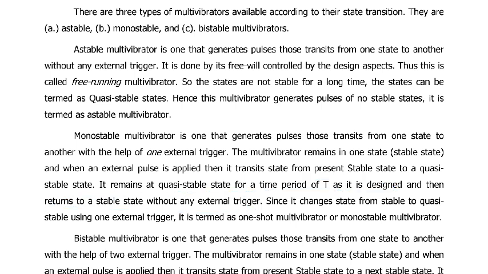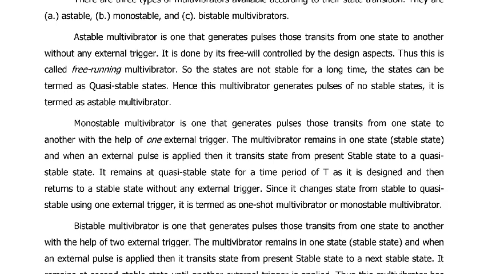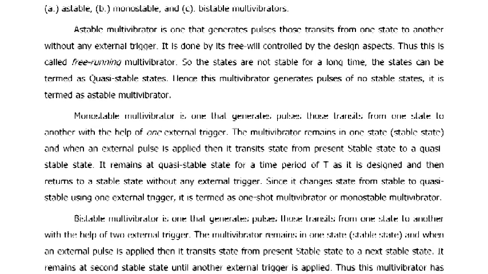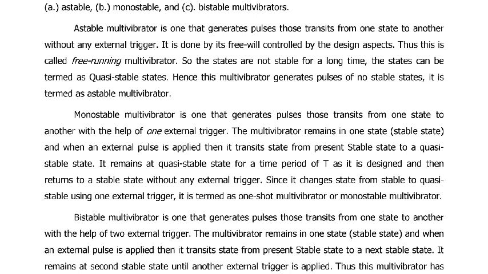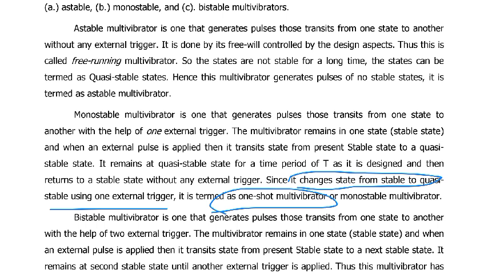Once it goes to the quasi state, it stays for the designed time t, then comes back to the stable state. Since it changes from stable to quasi state using an external trigger, it is termed a one shot multivibrator or monostable multivibrator.